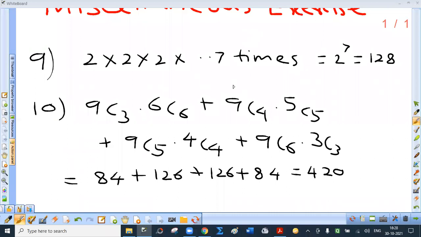Therefore, the required number of ways equals, write down this, 9C3 into 6C6 plus 9C4 into 5C5 up to what? 9C6 into 3C3. So it comes out to be 420. Write down.